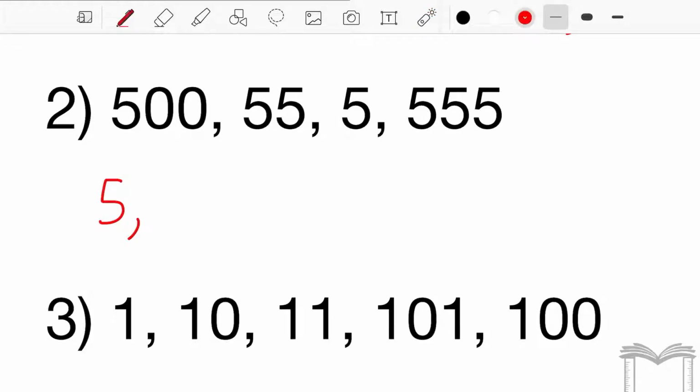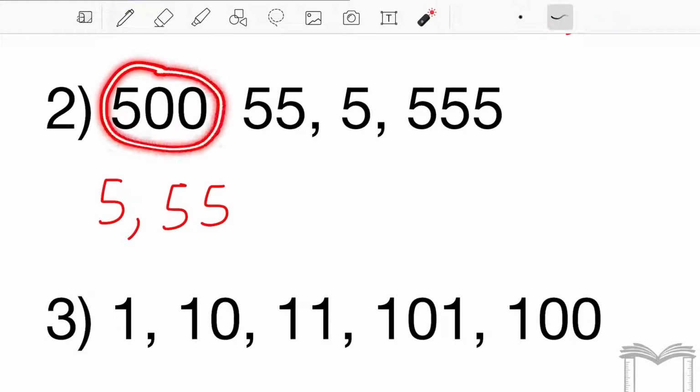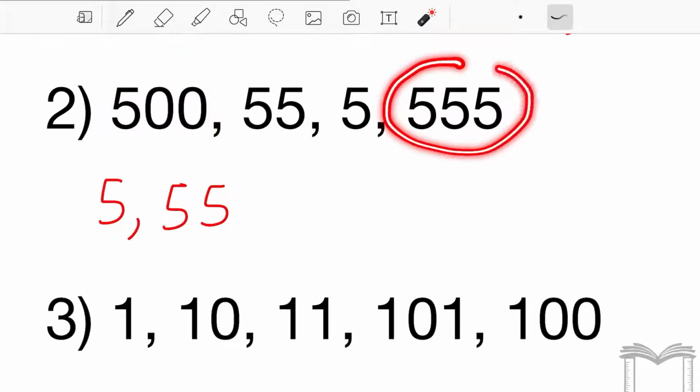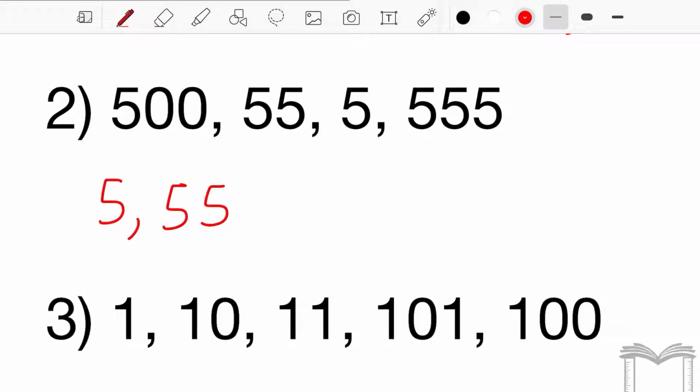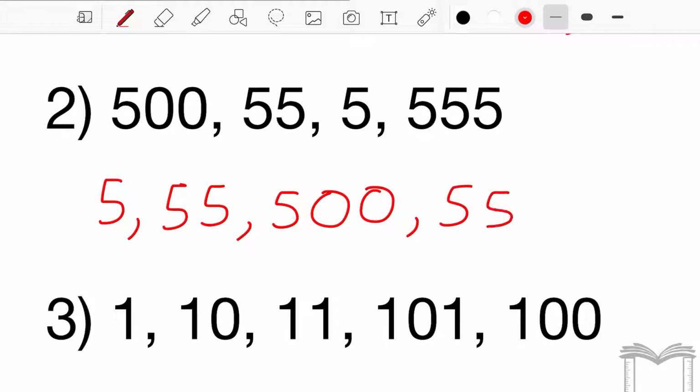So that will be the second largest number. Then we have 500 and we have 555 in the hundreds. So 500 is obviously less than 555. So 500 will come first, followed by 555.